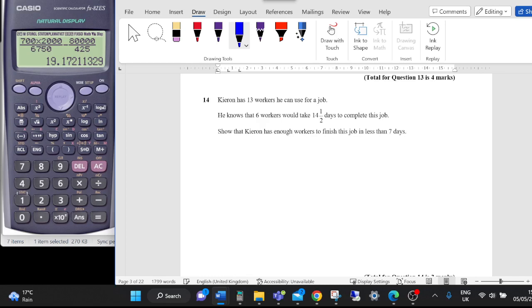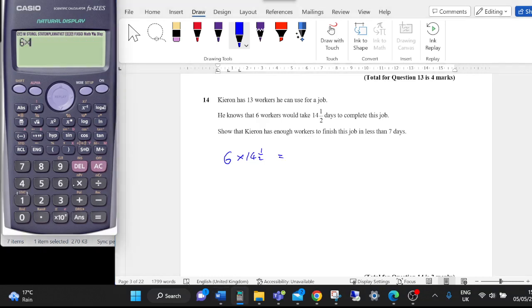If I was doing this, the most straightforward way is to say if I've got 6 workers and it would take them 14.5 days to complete a job, then 6 times 14.5 will give me the number of worker days needed. So 6 times 14.5 gives me 87 working days. That's the amount of work needed for the job.